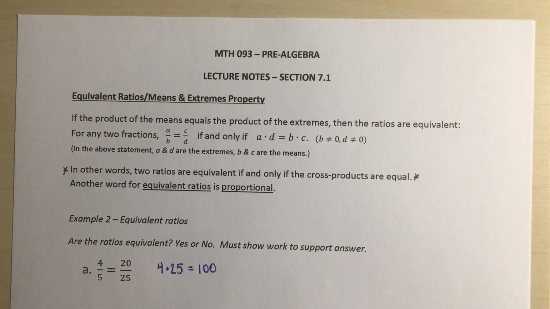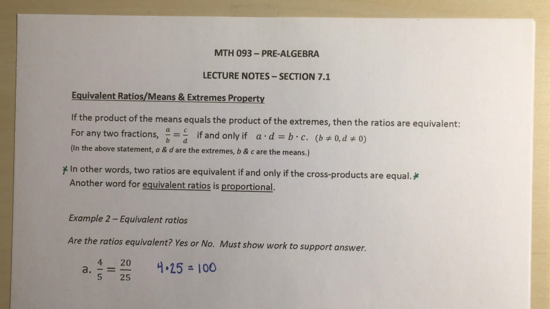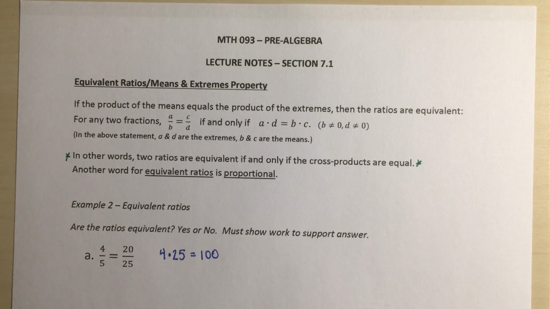Some of these you might be able to do mentally. Some of these might require a little bit of scratch paper to do. You do want to be working through all of these calculations by hand, not using a calculator. And then as we get to the bottom one, I'll give you a brief reminder of how to multiply with decimals.